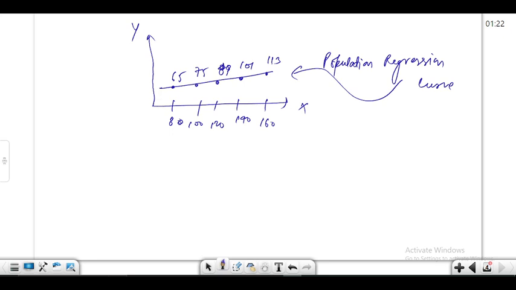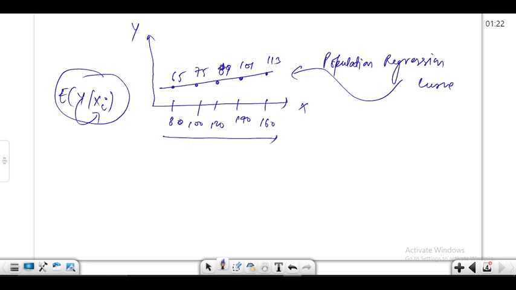So your population regression curve is simply the locus of the conditional mean. When I say E of y given xi, this becomes your conditional mean, because your expected value of y depends upon your xi value, which in this case varies from 80 to 160.